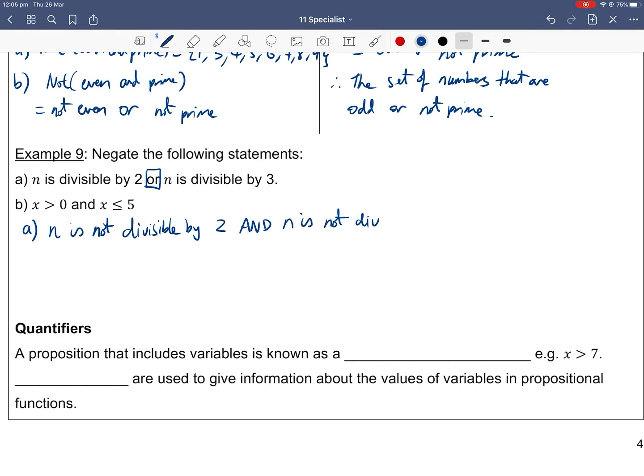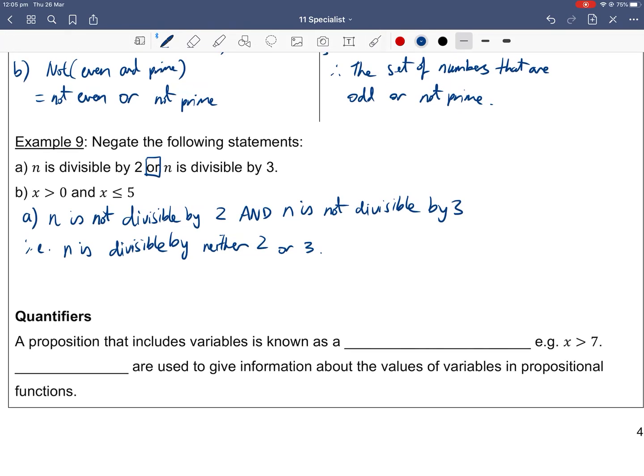In other words, N is divisible by neither 2 nor 3, because it can't be divided by 2 and it can't be divided by 3.